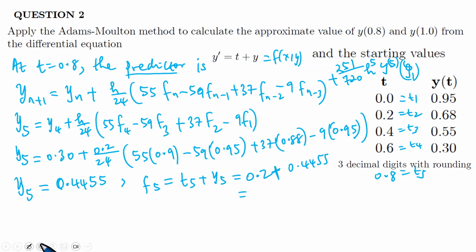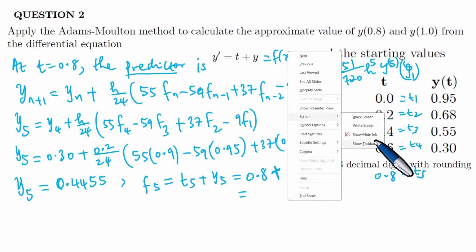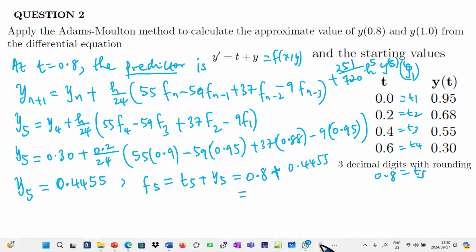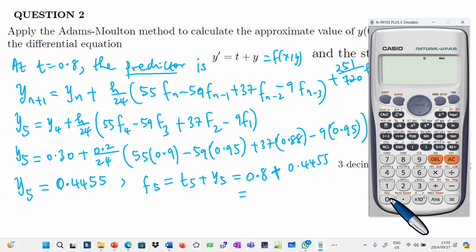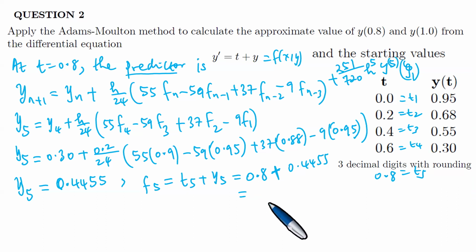Okay, T5 is 0.8. So you're going to do 0.8 plus 0.4455, which is 1.2455. So we have exactly 1.2455, which is F5.